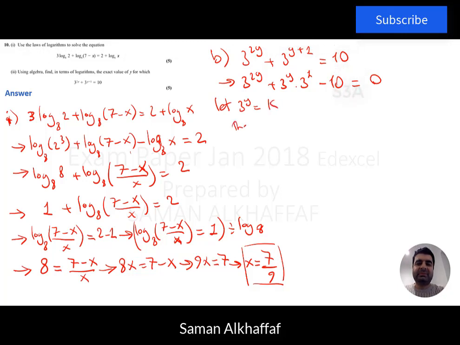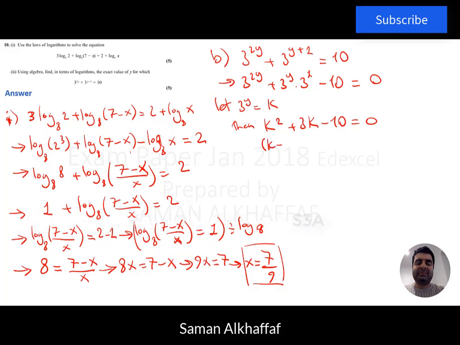Then we substitute k for 3 to the y, which gives us k squared plus 3k minus 10 equals 0.